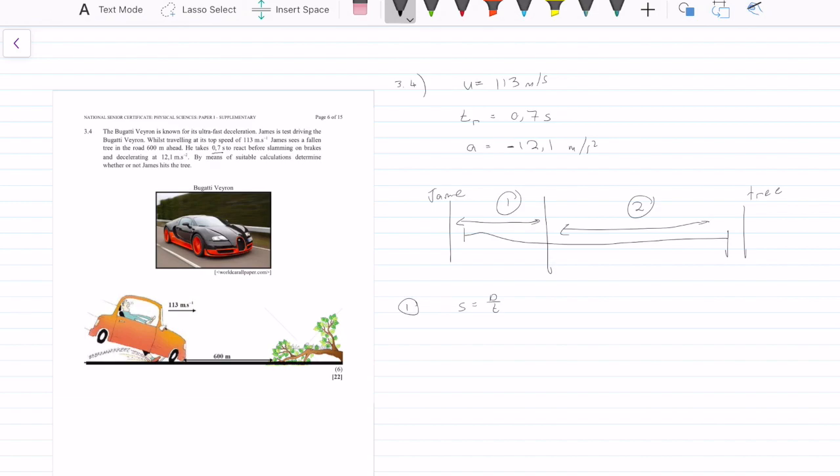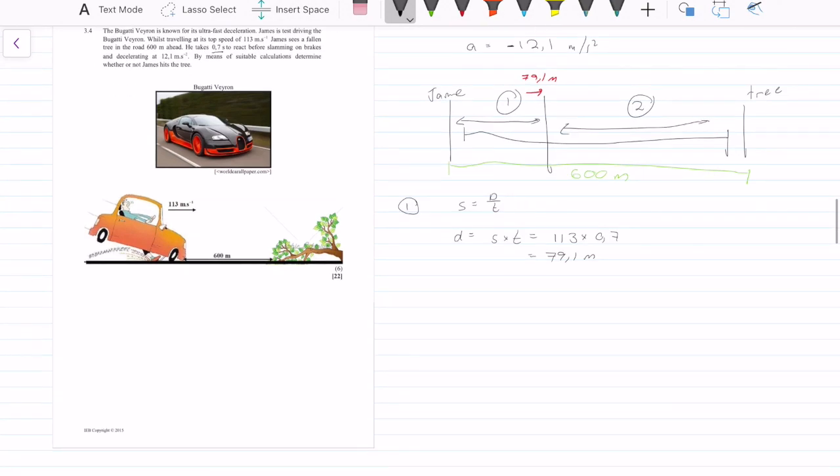If we want to work out the distance, that's equal to speed times time, which is 113 times 0.7 seconds, which gives us 79.1 meters. So to that point, he's traveled 79.1 meters. And the total distance here is 600 meters.